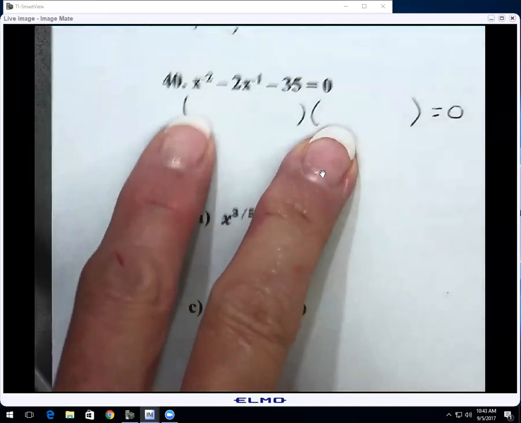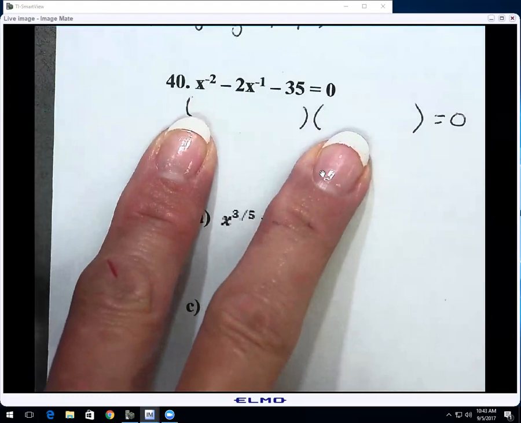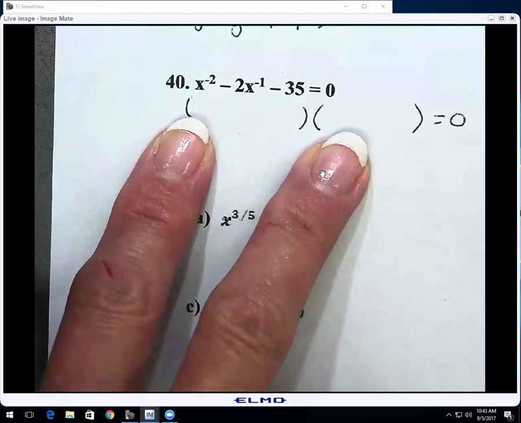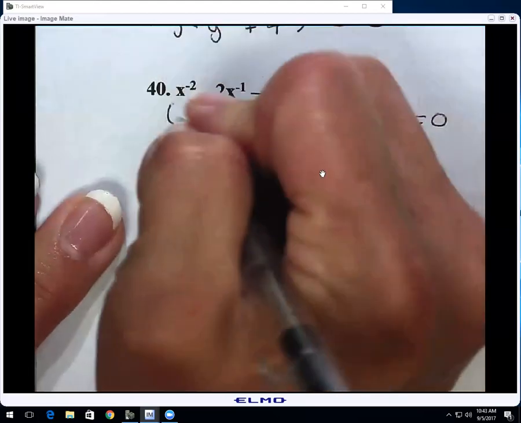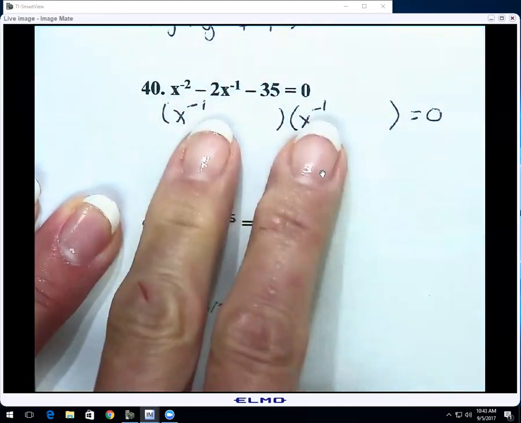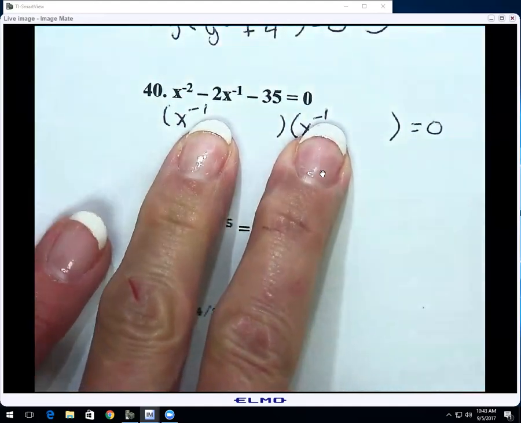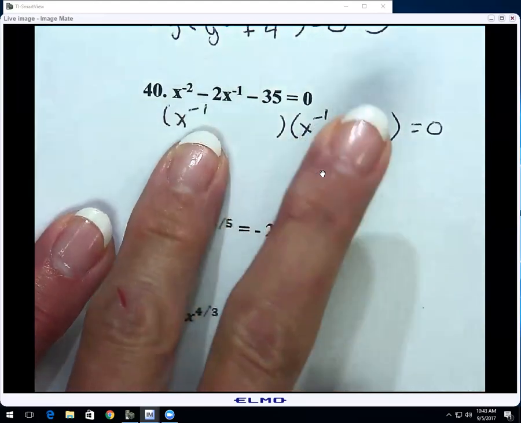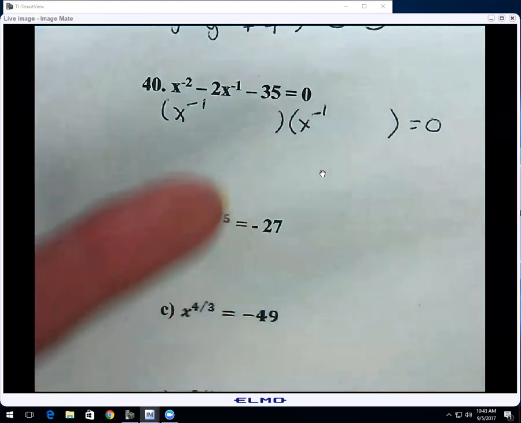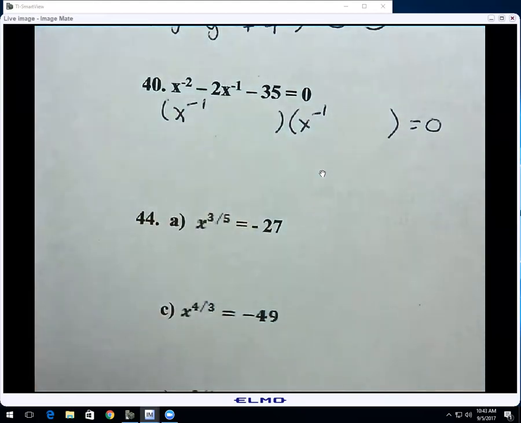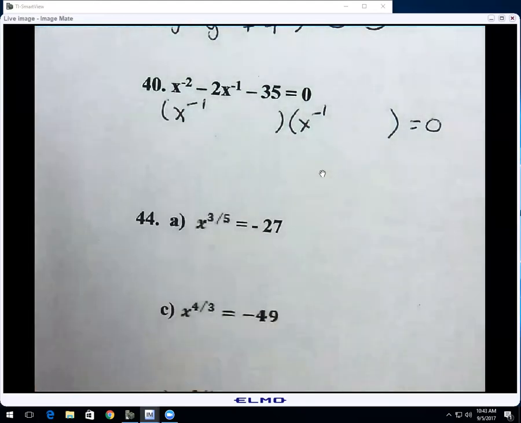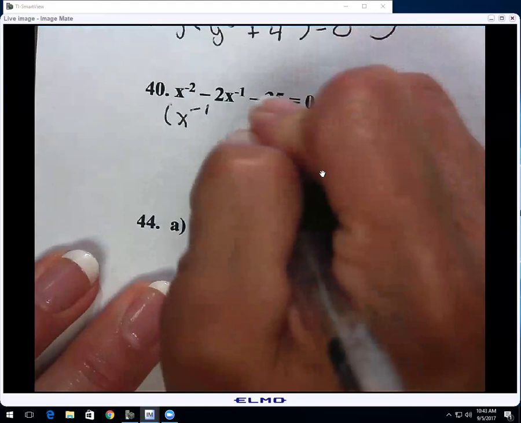What could I put here and here such that when I multiply them together, it gives me x to the -2? Because when you multiply two expressions with the same base, what do you do with their exponents? You add them, and sure enough, -1 plus -1 gives me back that -2. So I'm factoring with negative exponents now, and it's okay. And then I want factors of 35 that have a difference of 2. 7 and 5.